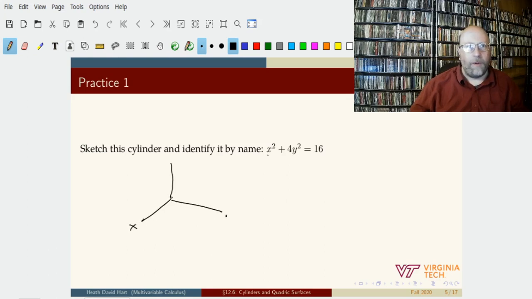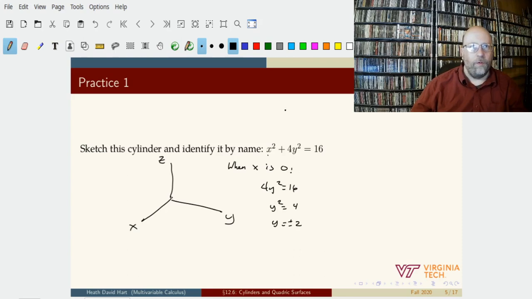So we'll start out by drawing our axes. We'll figure out where the intercepts are. When x is 0, we get 4y squared equals 16. And so y squared is equal to 4, and so y is equal to plus or minus 2.